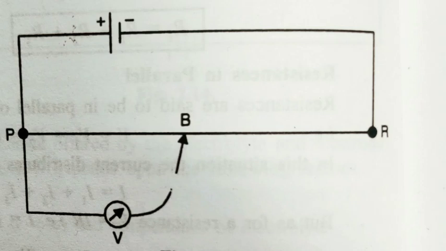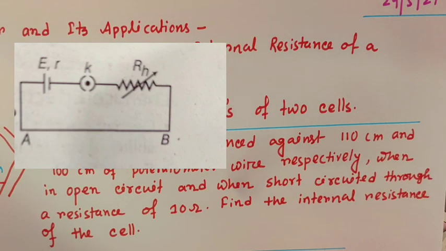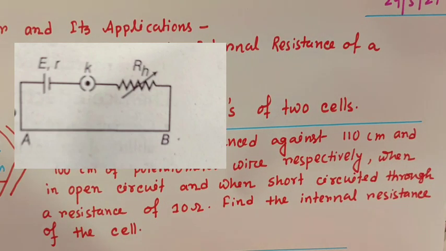Again, if we define the potentiometer by its use, then we can define it this way: a potentiometer is a device mainly used to measure the EMF of a given cell and to compare the EMFs of cells. It is also used to measure the internal resistance of a given cell.